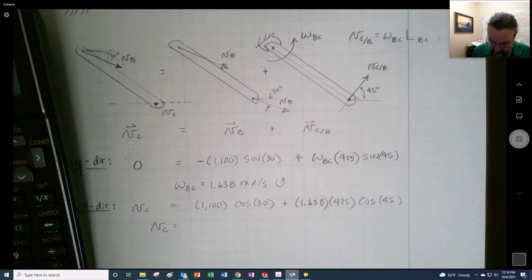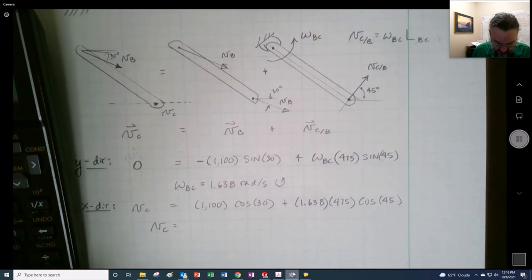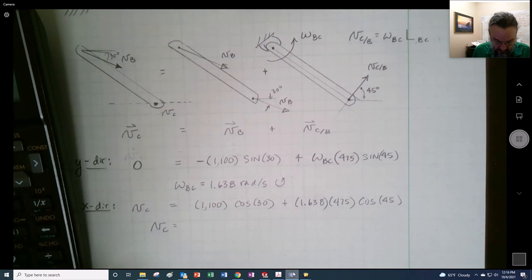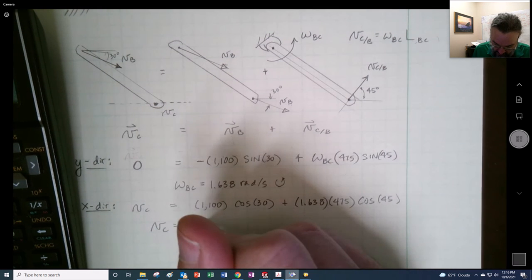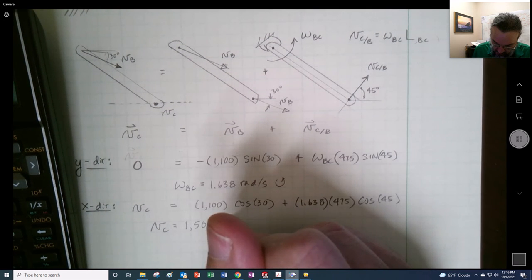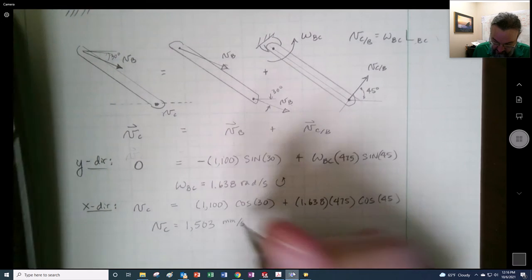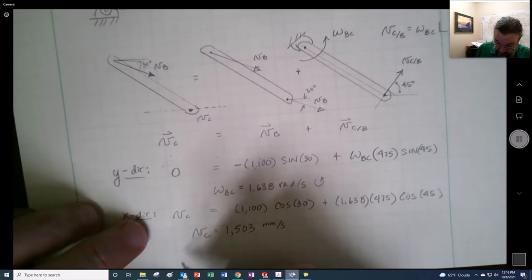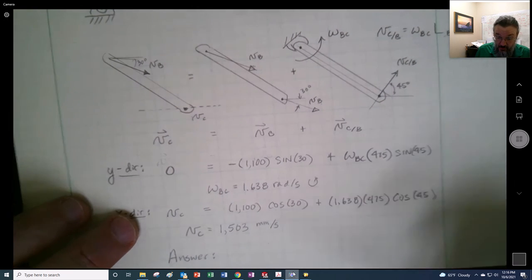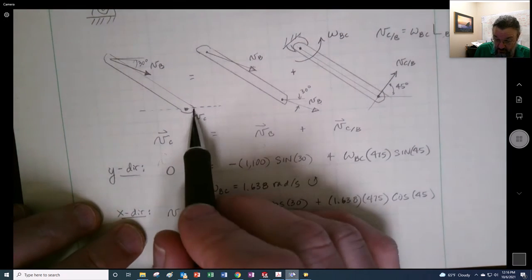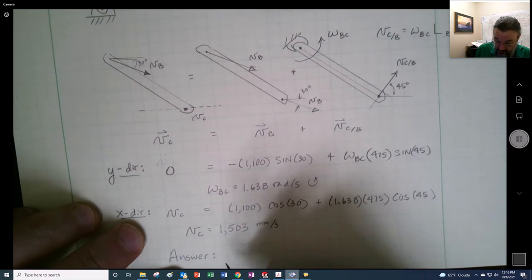Then 1,100 times the cosine of 30, boom, add them together, and you get 1,503 millimeters per second. So that's going to be the answer. And we know that it's positive, so it is going to the right.